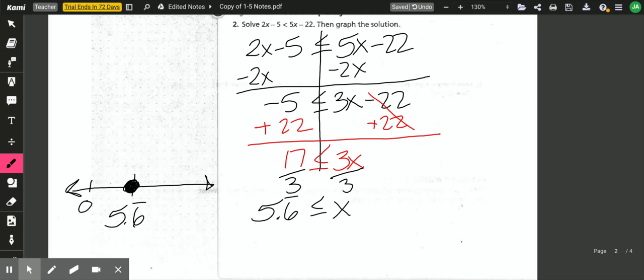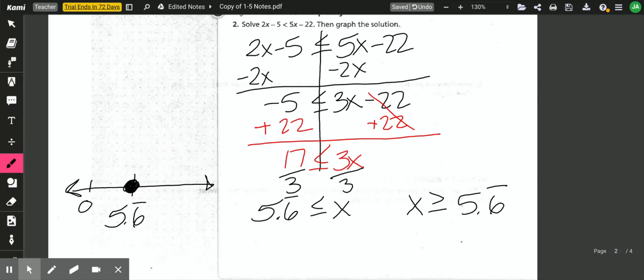Now, it really bothers some people to have the x be on that side of your inequality. If you want it the other way around, which also might be easier for graphing, you have to remember that if you flip this around, you need to flip the inequality so it's still facing the same way.